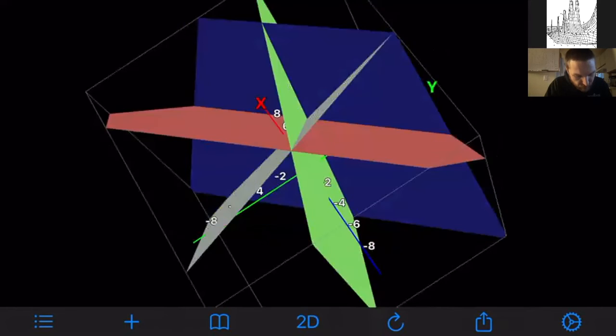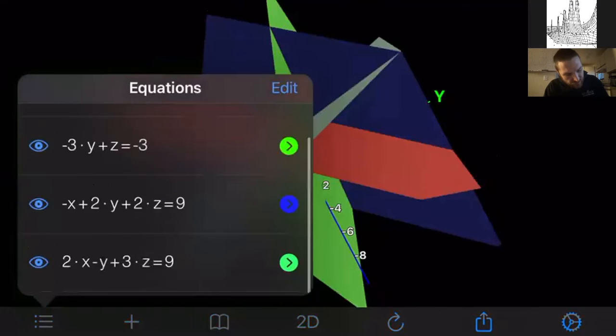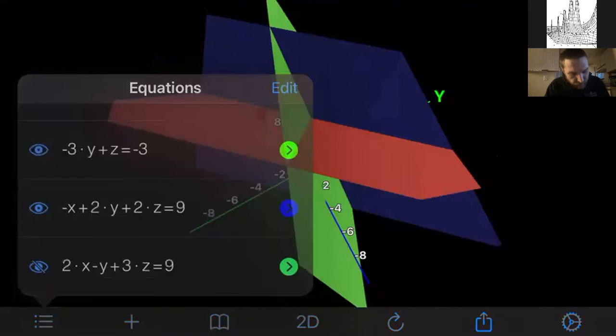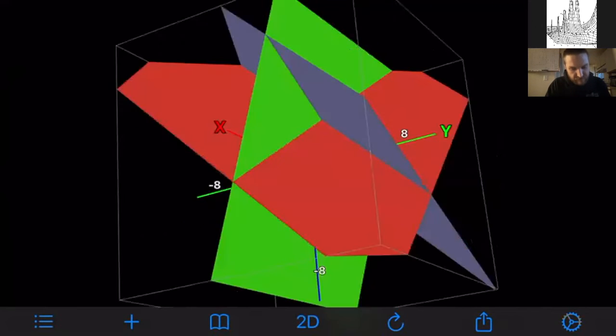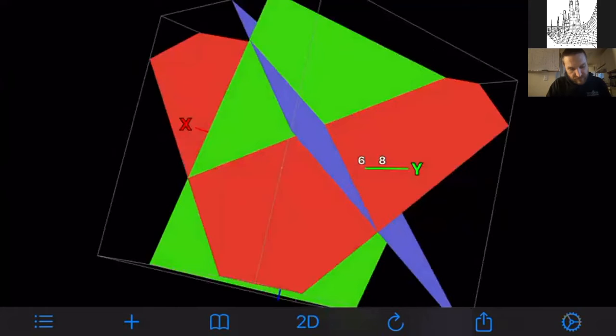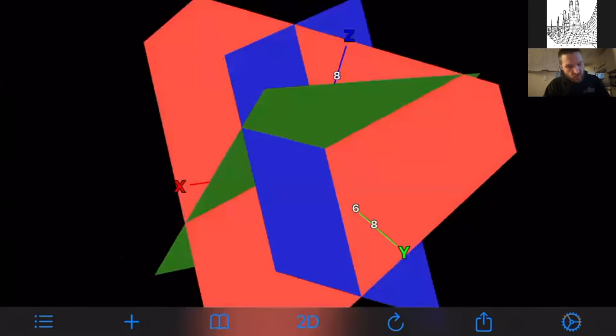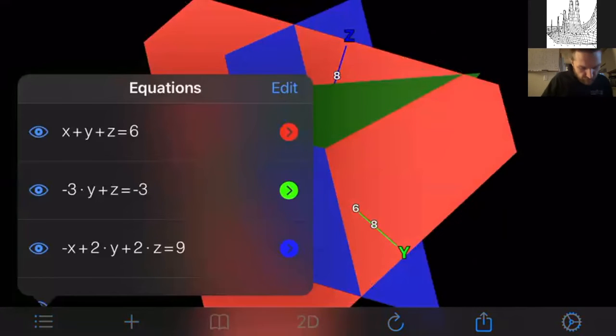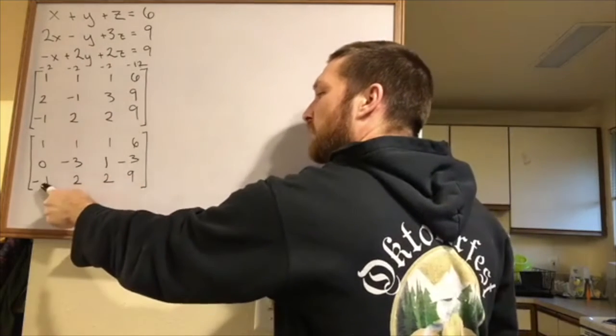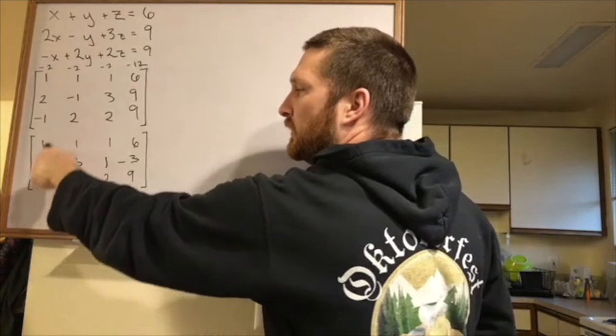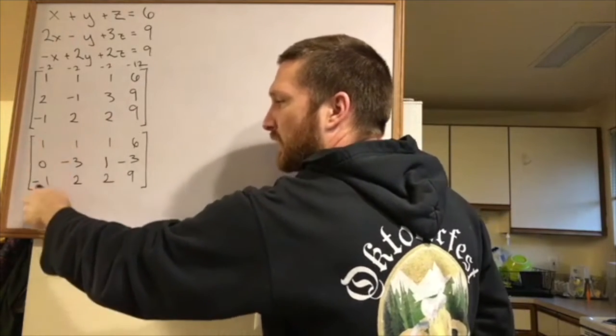So now we're going to get rid of our old equation. Now we have our new system. And this is the system in our second matrix right here. To get a 0 right here, well, I don't really need to do anything. The 1 is already there. That's what I need to kill that guy.